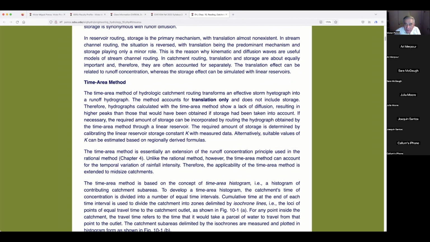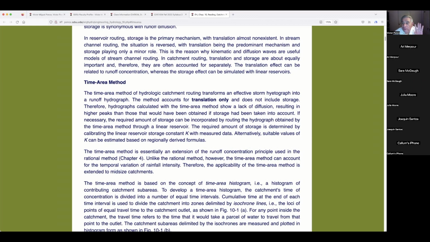Let's sit down here for a minute and ponder what we're doing. The rational method transforms a block of rain into a hydrograph. It actually gives you the hydrograph, and it's an isosceles triangle where the time to peak is at the end of the effective rainfall duration, and then it drops without diffusion.